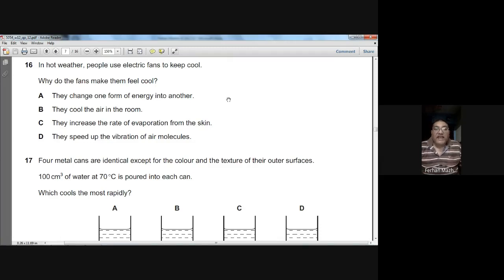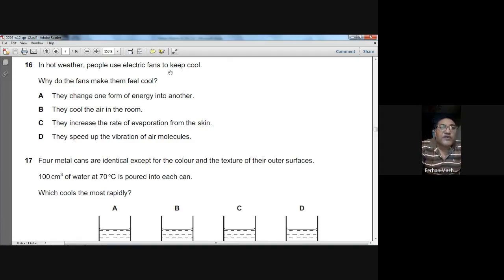So that keeps your body cool. So the answer is C. They increase the rate of evaporation from the skin. For question number 16, the answer is C.